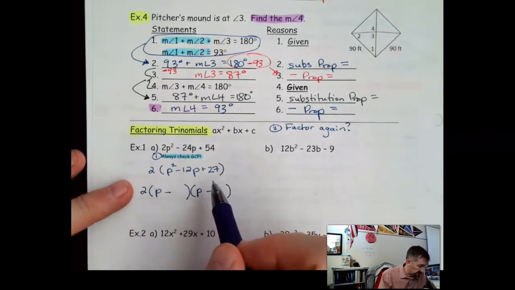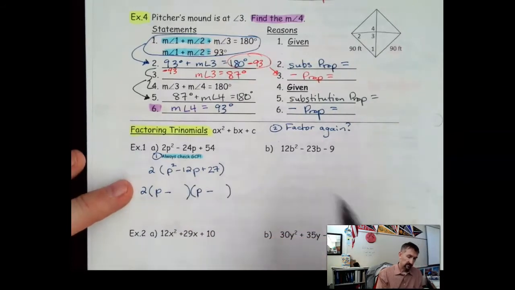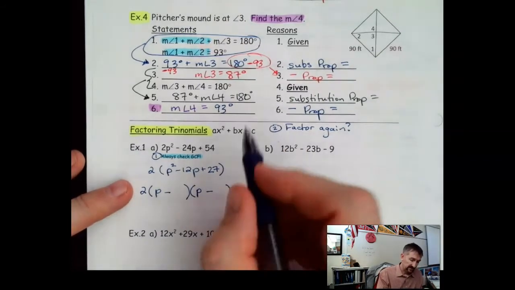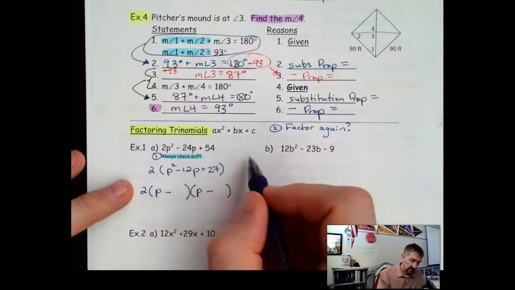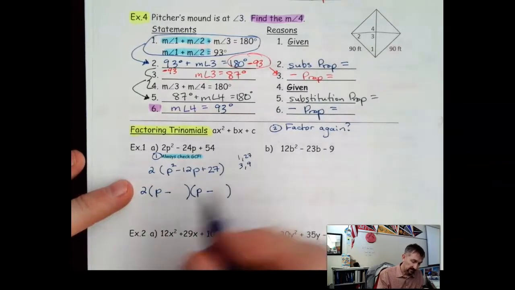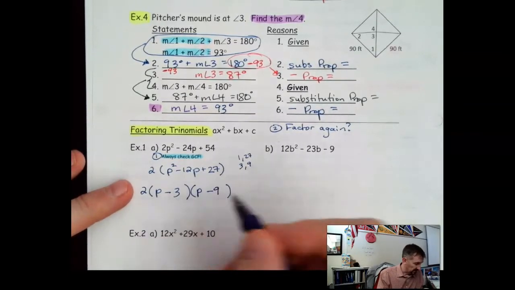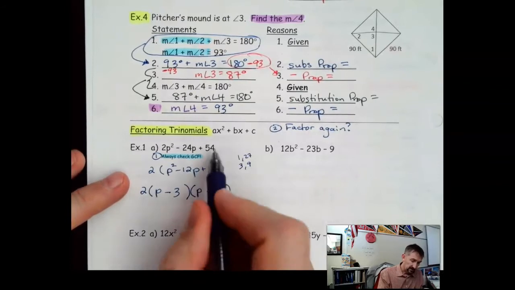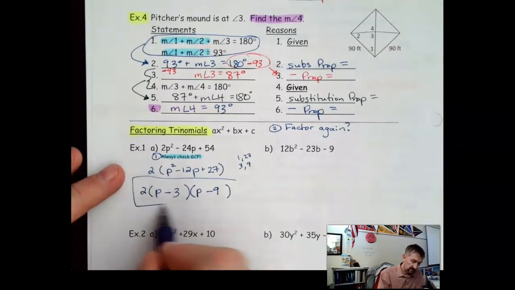The 2 doesn't matter here. So factors of 27 are 1 and 27, 3 and 9. That's about it. So 3 and 9. Now there's no equal sign, so we're not solving. We just stop there.